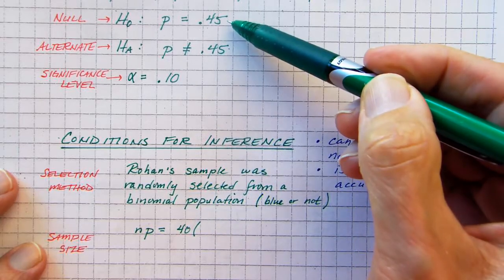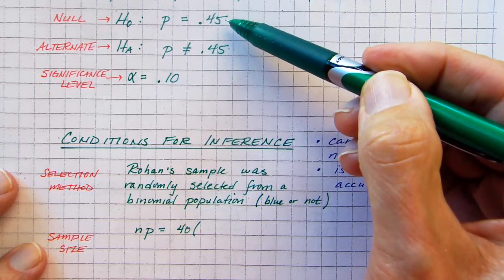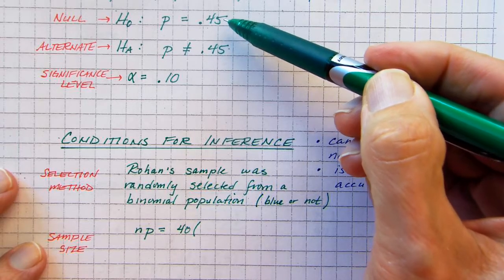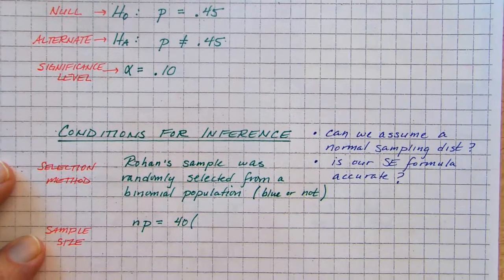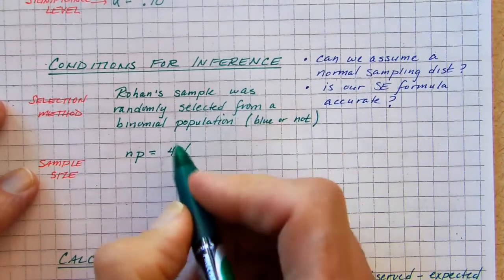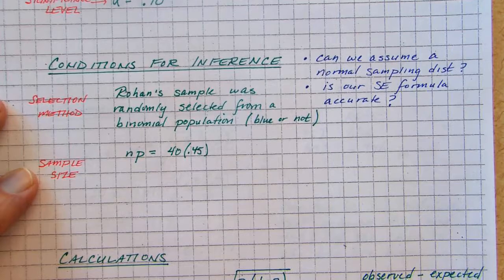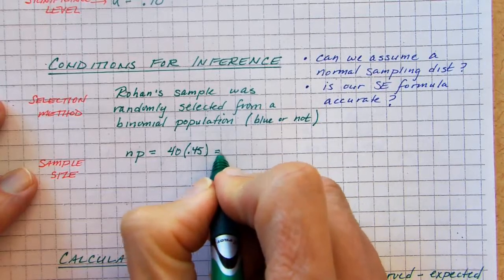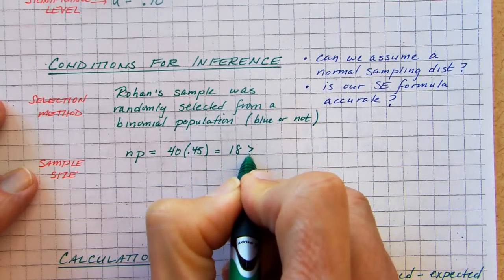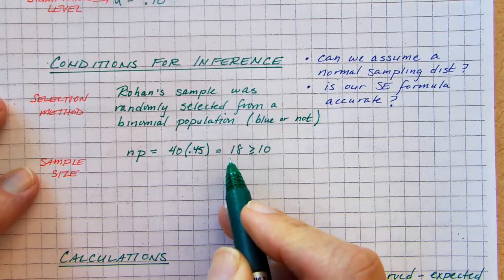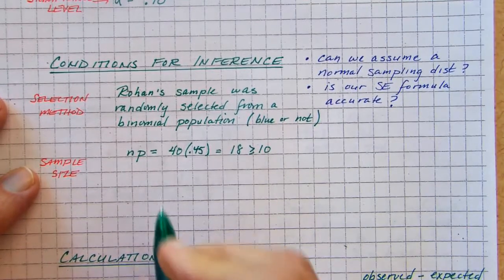So let's assume the box really is 45% blue, for now anyway, and see where that leads us. 0.45 times 40 is 18, which is greater than or equal to 10. So we're expecting to get about 18 blues.